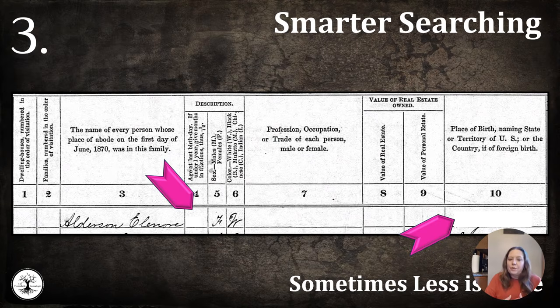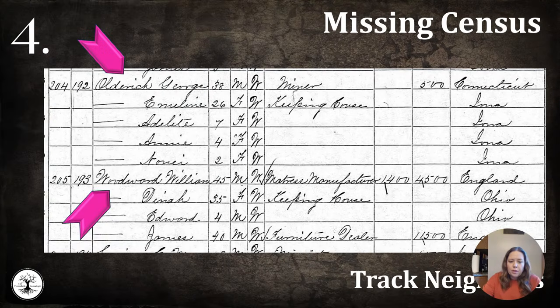So you start with the specific ways of searching and the specific fields that you know are correct, and then you start broadening it and broadening it if you're still not finding your answers. I guarantee you have somebody in your research where you cannot find them on a certain census.